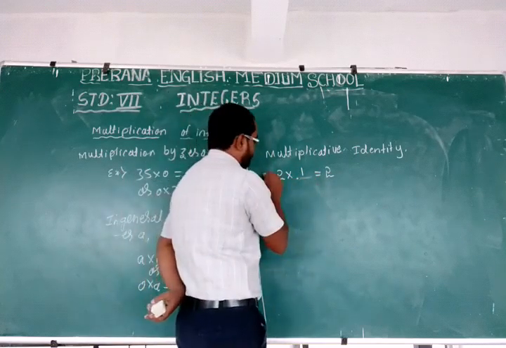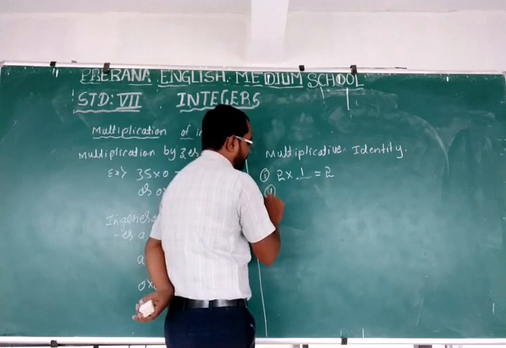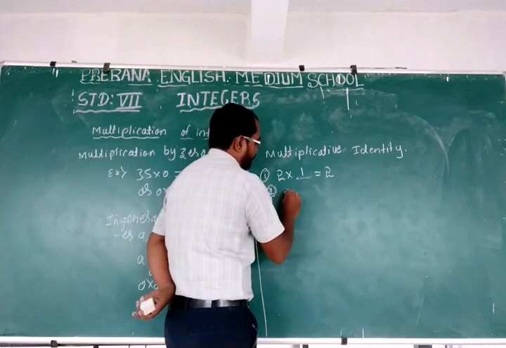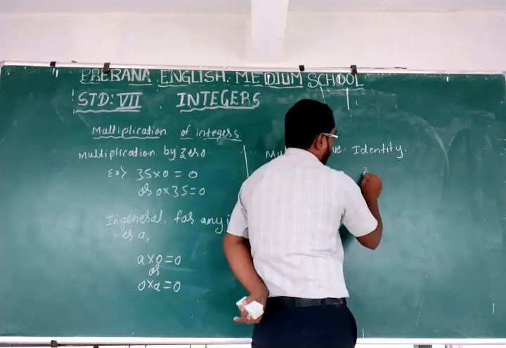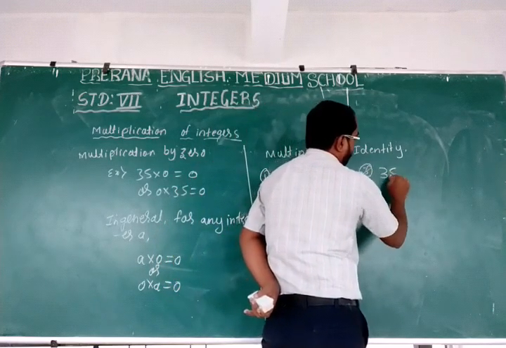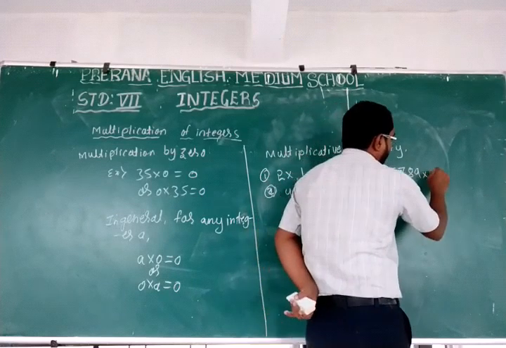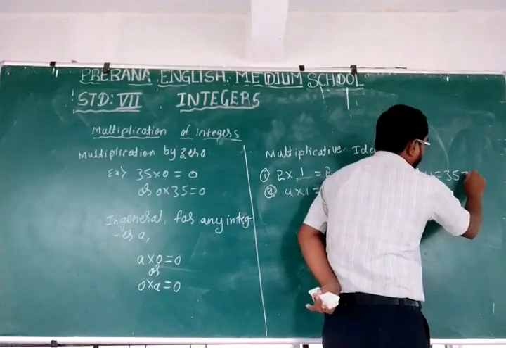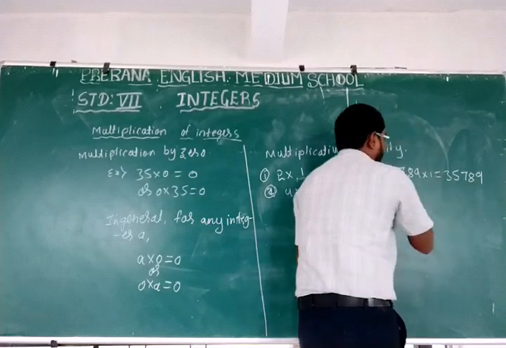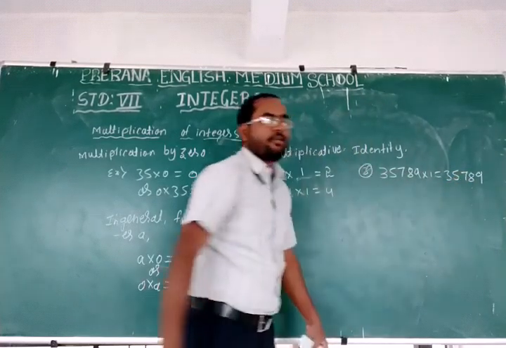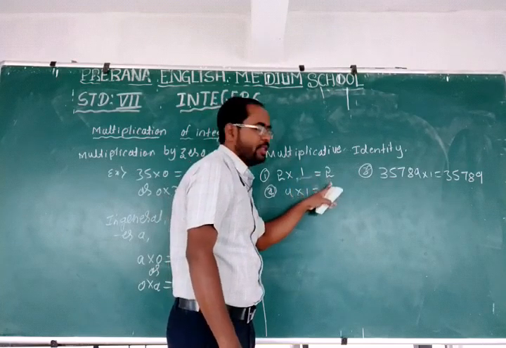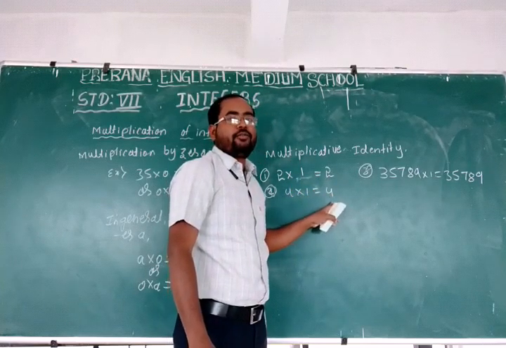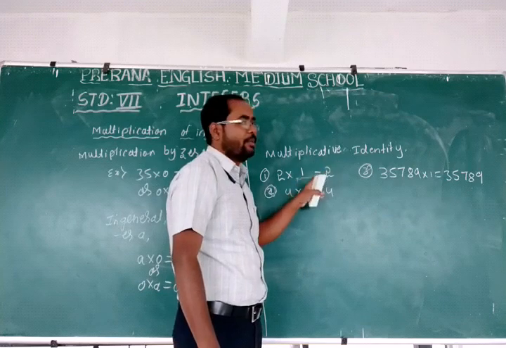This is the first example. In the second example, 4 into 1 is equal to 4, and similarly 3, 5, 7, 8, 9 into 1 give 3, 5, 7, 8, 9. The same number will repeat in the product part. If you multiply it with 1, the same number will come in the product. So we call it the multiplicative identity.